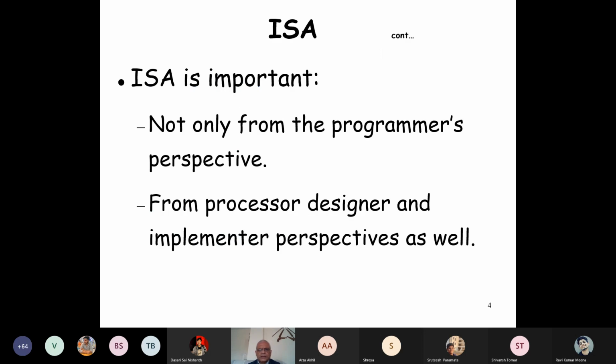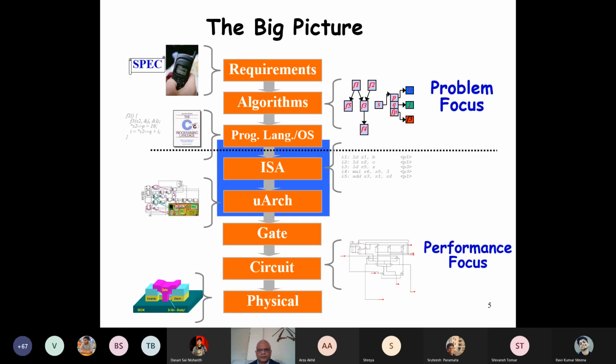We have already said instruction set architecture is important not only for the programmer who needs to know to be able to program, the processor designer also needs to know instruction set architecture, and the design start point for a processor is the instruction set architecture. The hardware designer first understands the instruction set architecture and based on that carries out the hardware design.